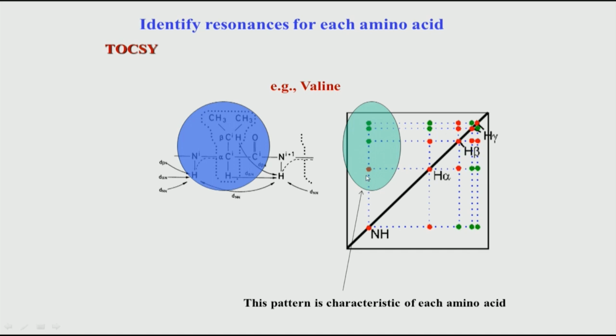If you recollect, in the previous slide we saw the center is water. So, typically downfield of water come aromatics and amides, but upfield of water comes the aliphatic region.